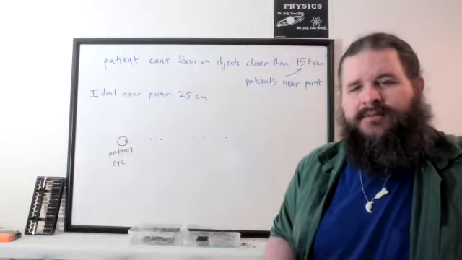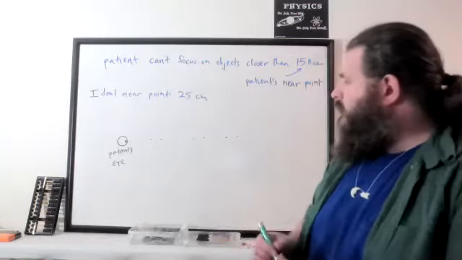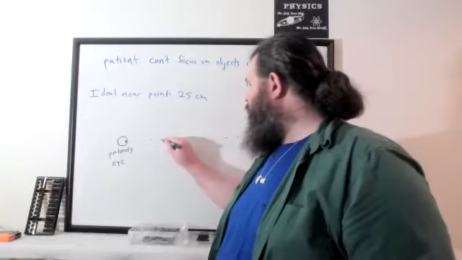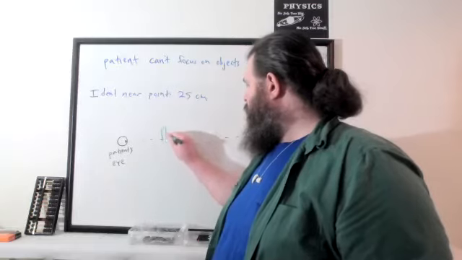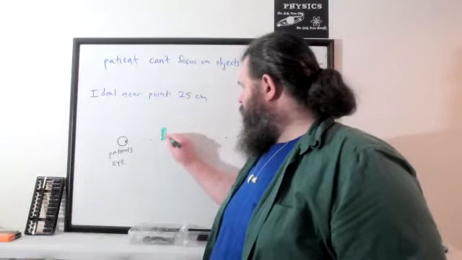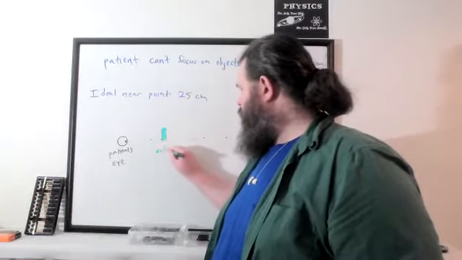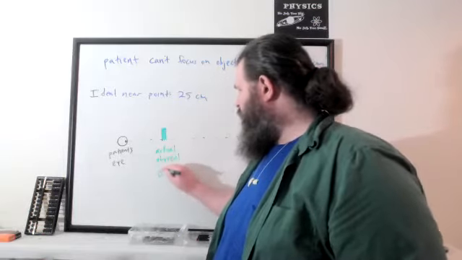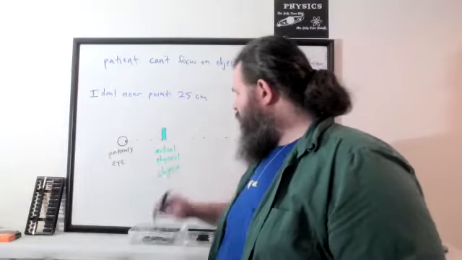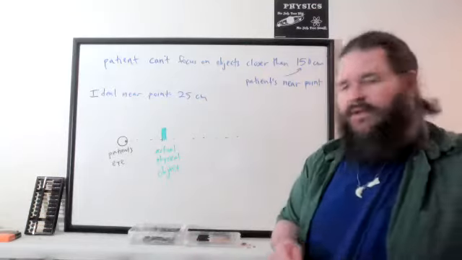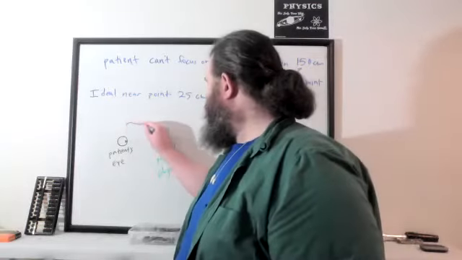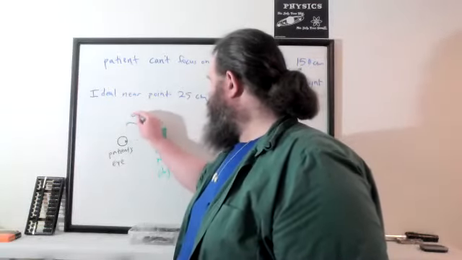Yeah, you'd like to be able to put the book at 25 centimeters. So let's say we put the actual object 25 centimeters away from the eye. So this is the actual physical object at an object distance of 25 centimeters. So we'll call that O.